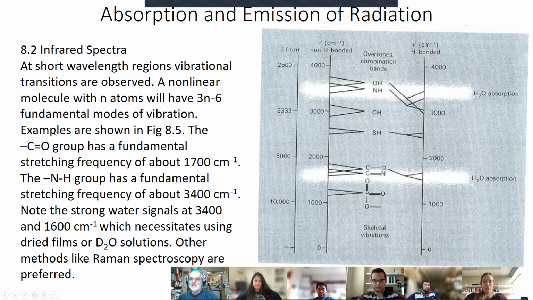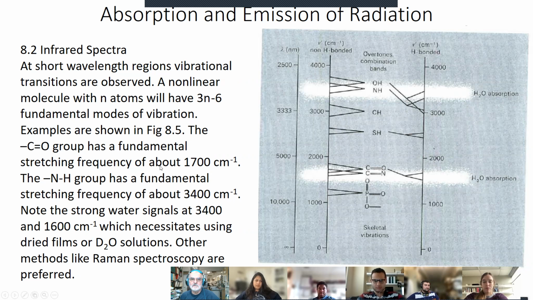All right, and then they give examples of this, and this is where it begins to make maybe more sense. If you have a carbonyl and a fundamental stretching frequency, you discover that this occurs at 1700 inverse centimeters.